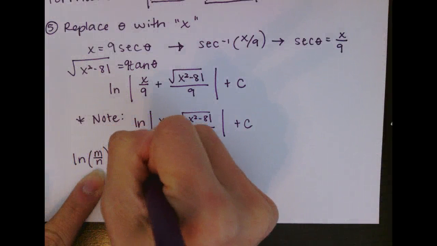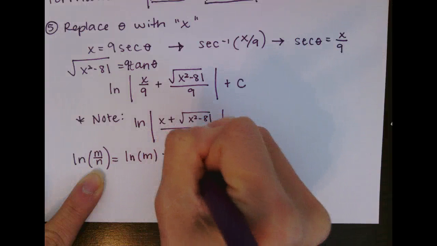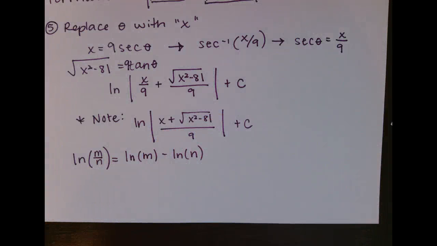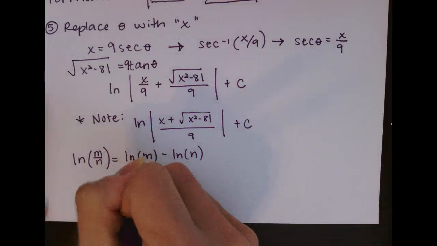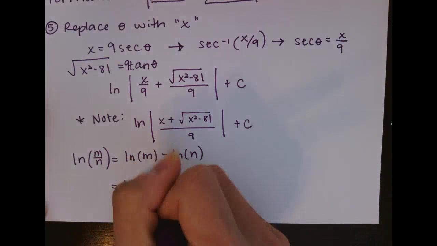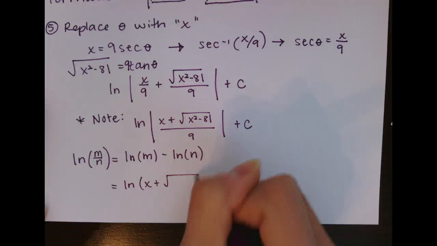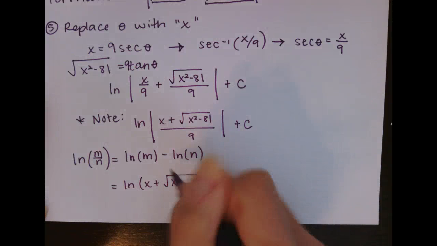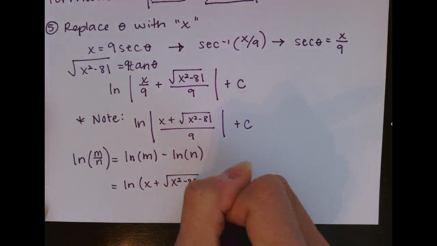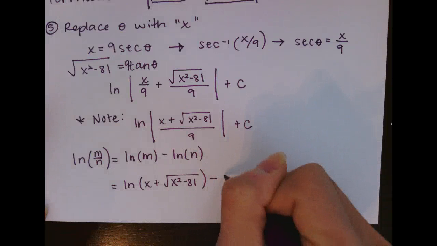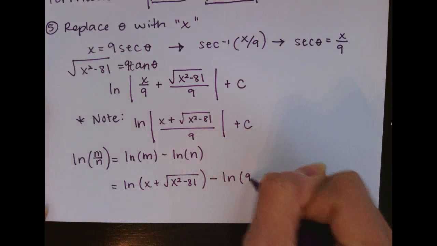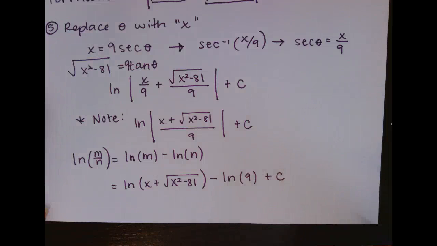You're allowed to rewrite that as the log of the numerator minus the log of the denominator. So if I do that here, then I'll have the natural log of x plus the square root of x squared minus 81 minus the natural log of 9 plus c.